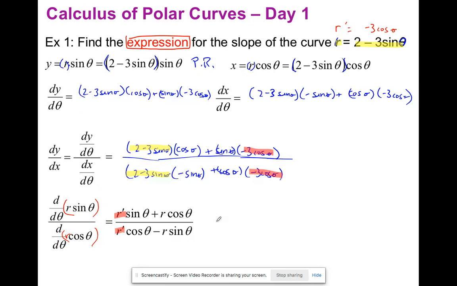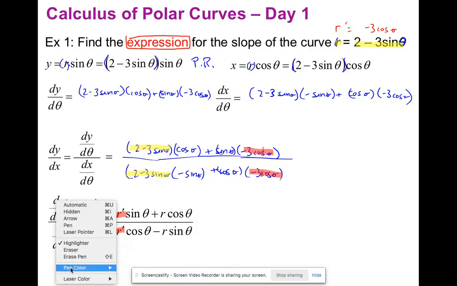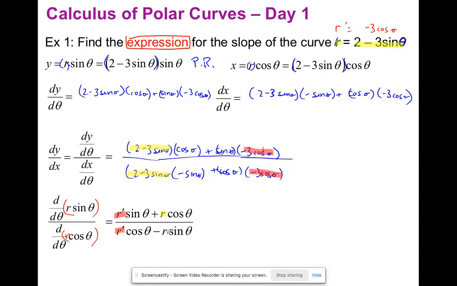Just so they don't have to lead with the negative, right? They put r prime first. In the numerator, r prime is multiplied by sine. In the denominator, r prime is multiplied by cosine. Then they also have r. In the numerator, r is multiplied by cosine. In the denominator, r is multiplied by negative sine.